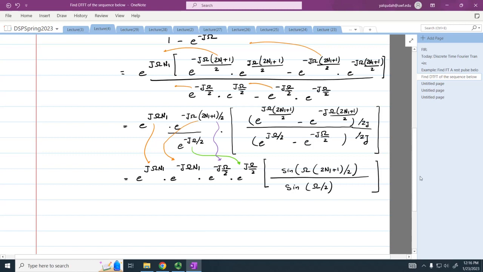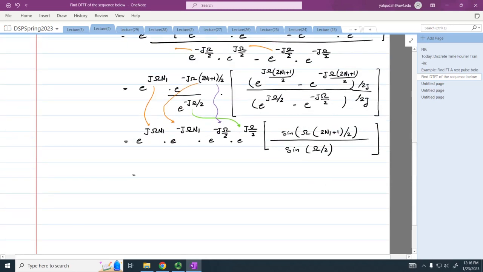And all these terms that multiply are going to cancel out. So what I'm going to end up with is sine omega over 2 multiplied by 2n1 plus 1 over sine omega over 2.